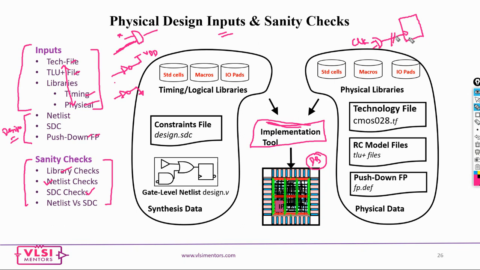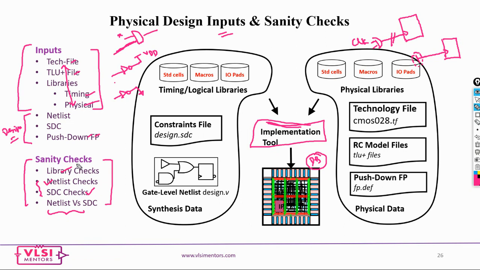So this flop may not get the clock signal, or you might not have defined a clock. So you have everything, but at this particular place you forgot to define a clock. These are the kind of things that we check in the SDC, and then whether the given netlist and SDC are in sync. These are the checks that we do before we start the physical design.